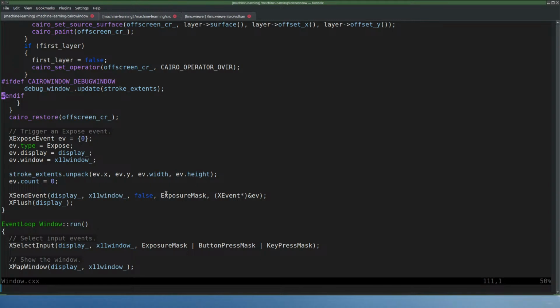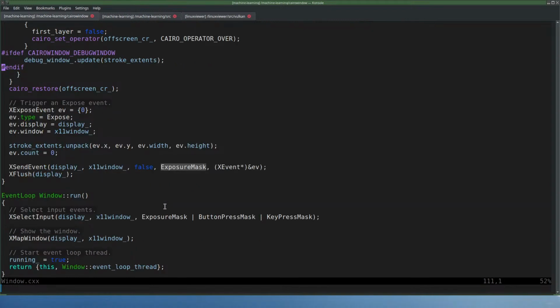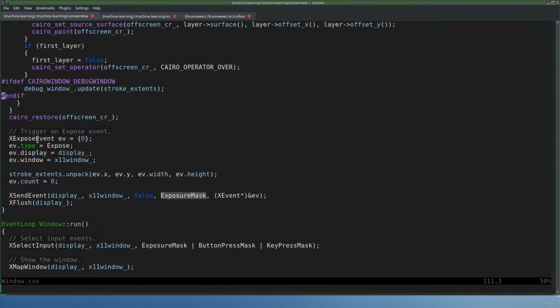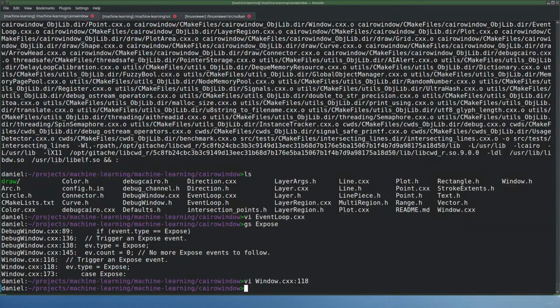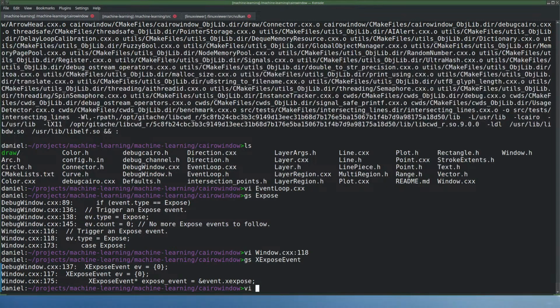Okay, triggering an expose event means calling that with an exposure mask or whatever. I think expose events are definitely involved. Better have only one line. No, have multiple lines. Now this is just a debug window. Who cares about that one? This I just saw.